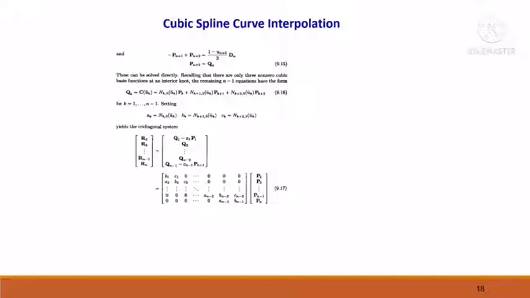Here we have this equation for qk with all the values. Here the k value is from 0 to n minus 1. By setting those, we will get these ak, bk, and ck values, which yields the tridiagonal system.